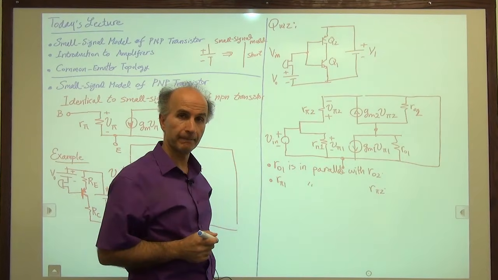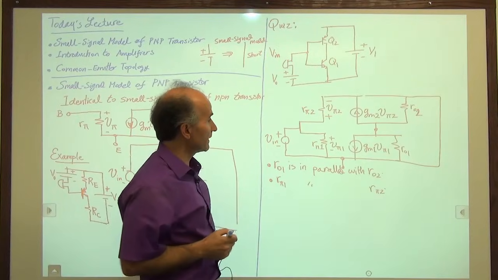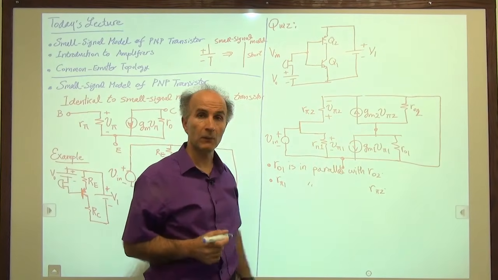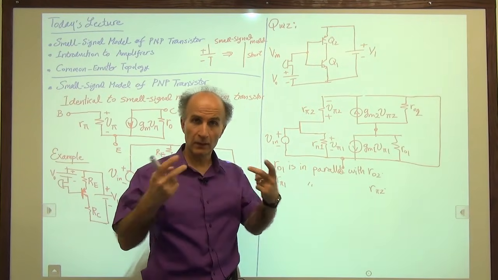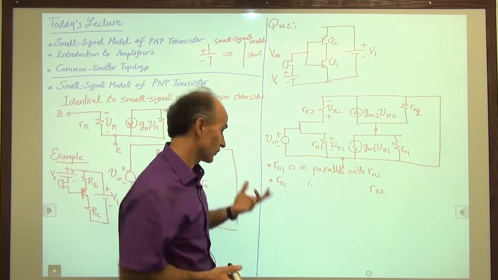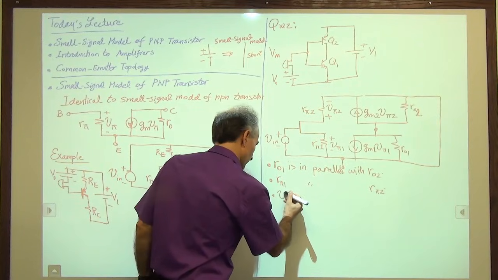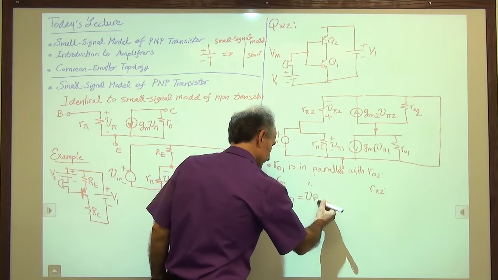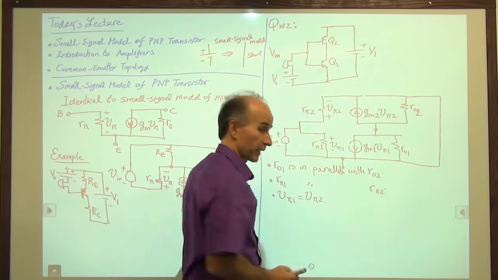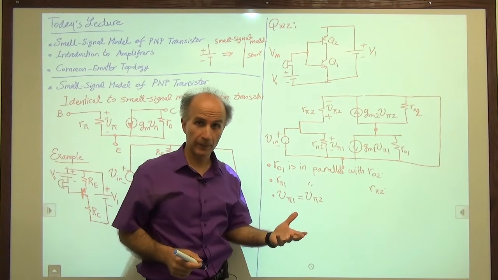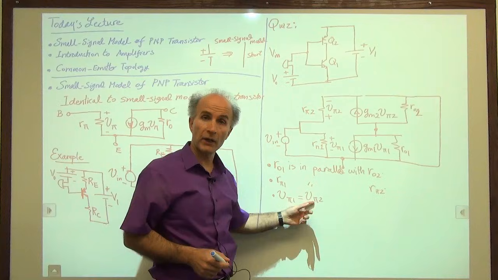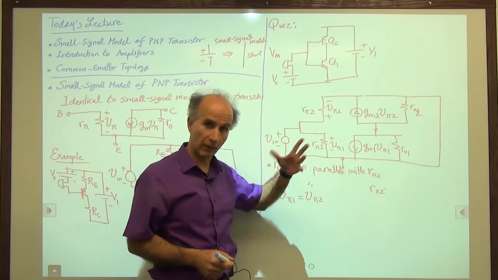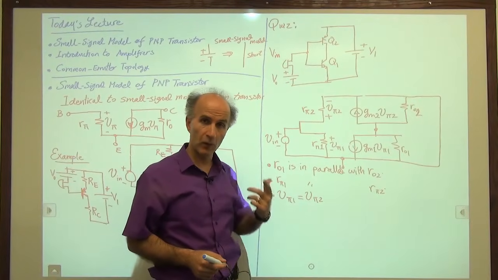That's great. So what does that tell us about Vpi1 and Vpi2? Well, if two resistors are in parallel, their voltages must be equal. So we can say that Vpi1 is equal to Vpi2. In other words, if you're trying to solve the circuit, you have dropped one unknown. These two are equal, so we don't need to carry Vpi1 and Vpi2 around because we know that only one of them is unknown.